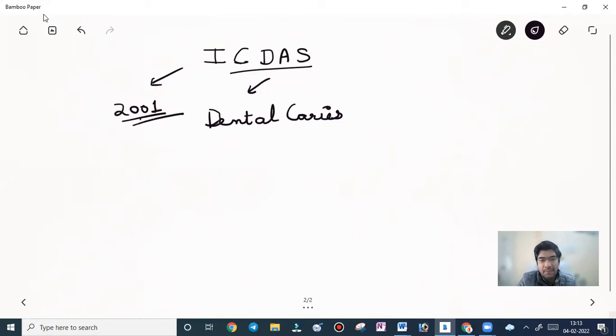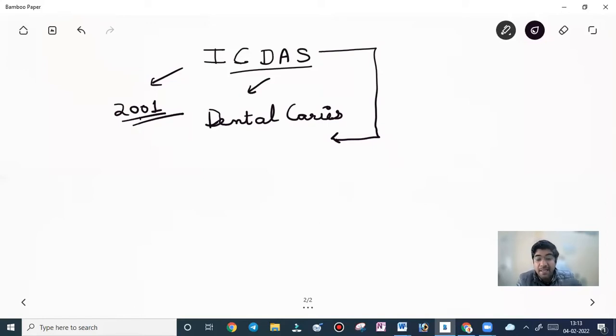Now, what are the benefits of this ICDAS system? It helps to focus on the prevention of dental caries by identifying the caries lesion at an early stage.